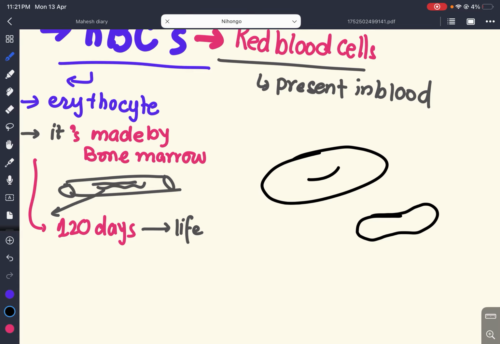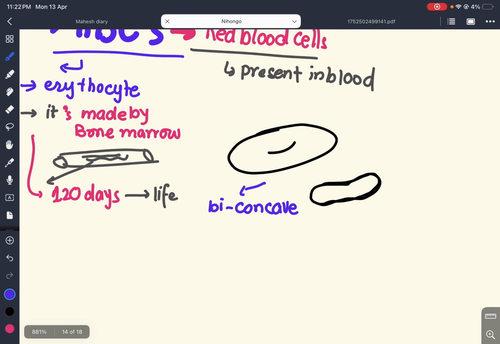I'm very bad with drawing, I apologize for that. As I said, it has a biconcave shape. Let me write it as well. Biconcave shape, and this is the side angle of the red blood cell.